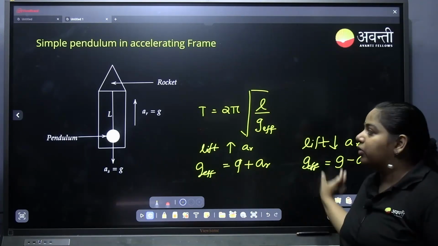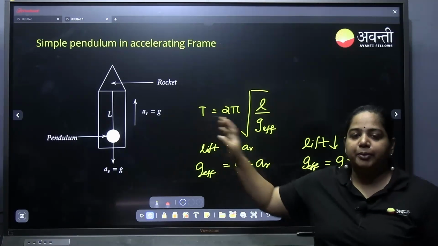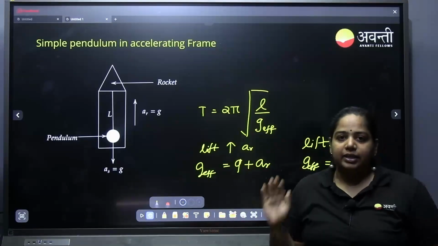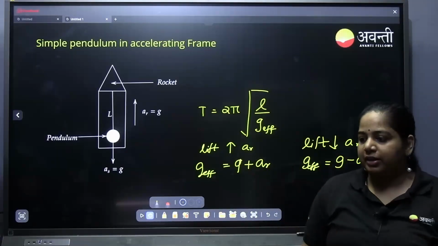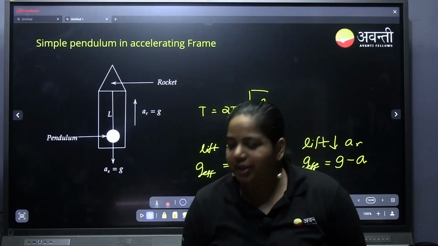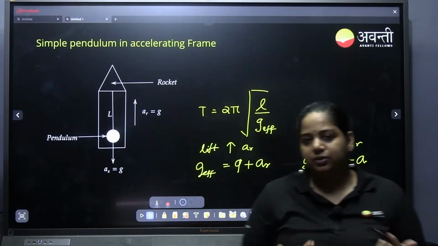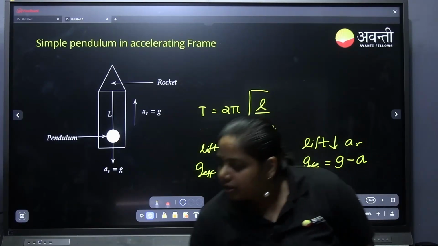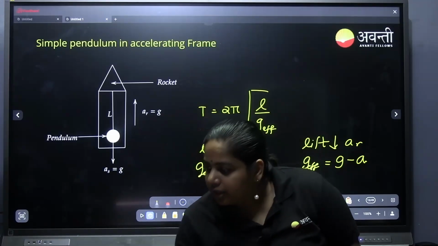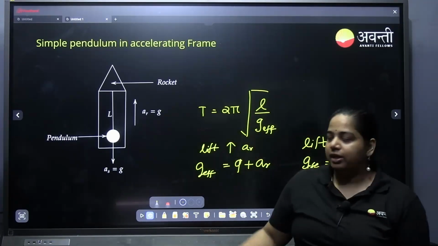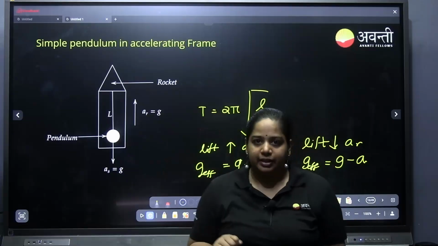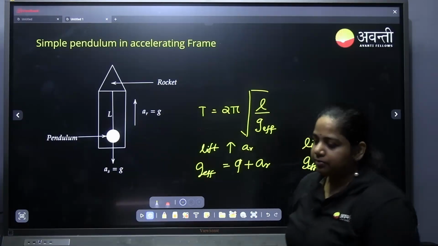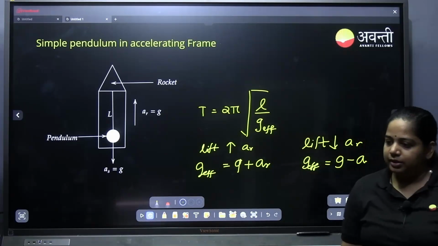So like this you have to substitute if the simple pendulum is in an accelerating frame of reference, for example a lift, which is the one you will get mostly. It is the pseudo force, so extra acceleration will be there. Is it clear?